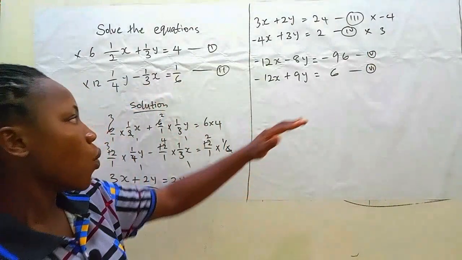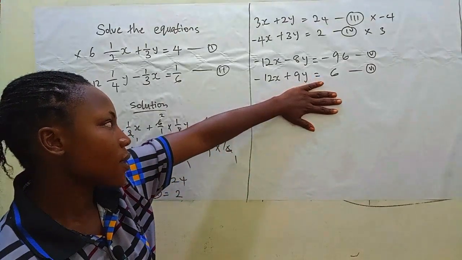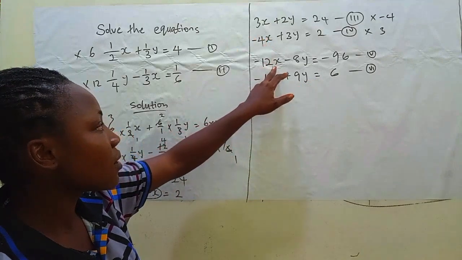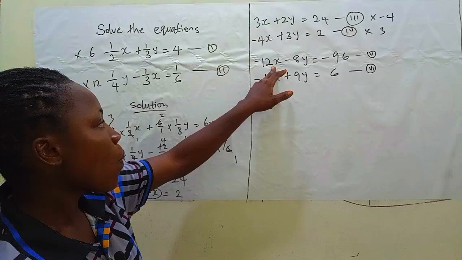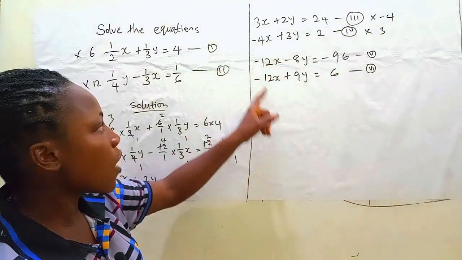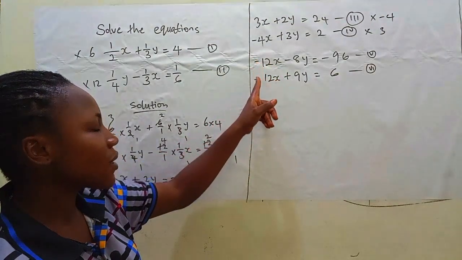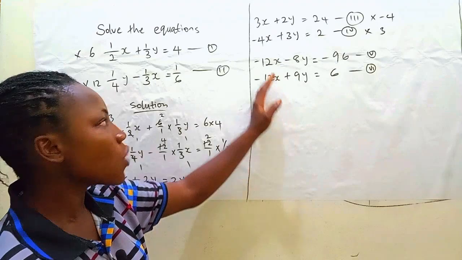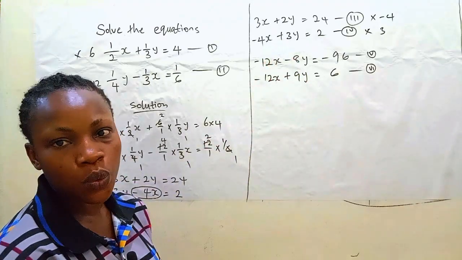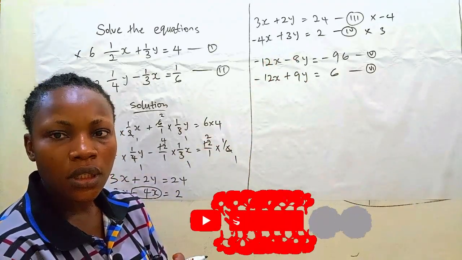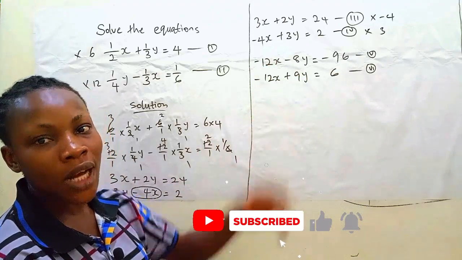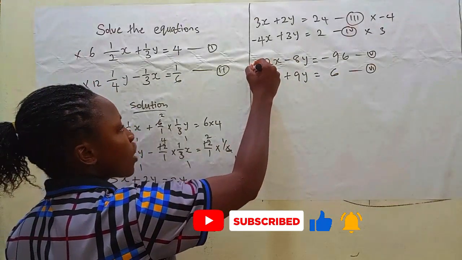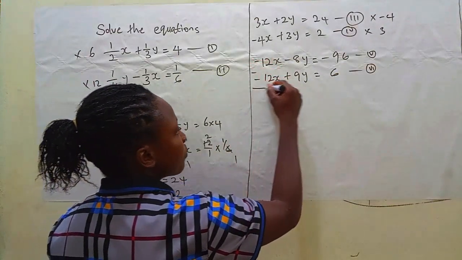Now, since we want to eliminate x, and we have a negative sign here and a negative sign here, what we are to do is subtract both equations.